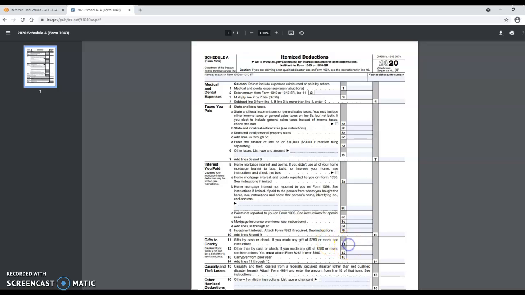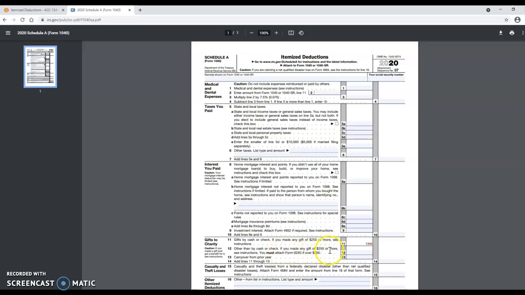So he had cash deductions of $12.60 to his synagogue, and he would have to have a statement from them from the end of the year that showed that as being the amount of cash donations he made to them. Line 12, other than by cash or check, so non-cash donations, which would include the mileage, and it would also include that car.